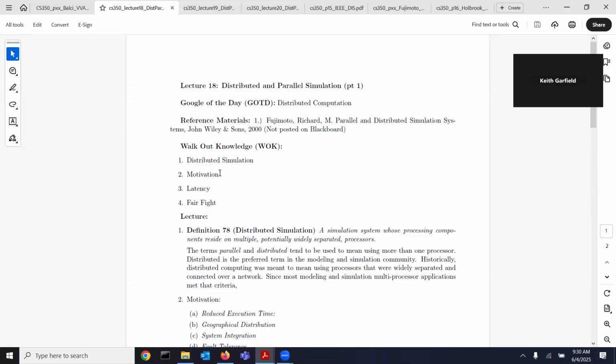Almost all significant modeling and simulation products today are going to be either parallel or distributed in nature. Almost all of the commercial products are going to be that way.